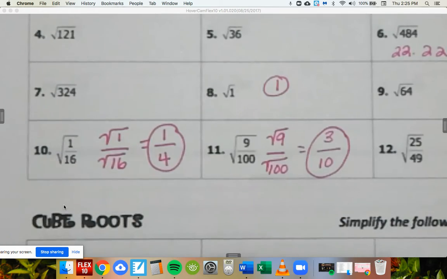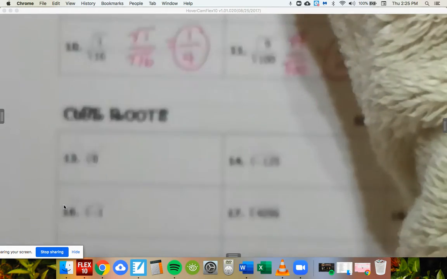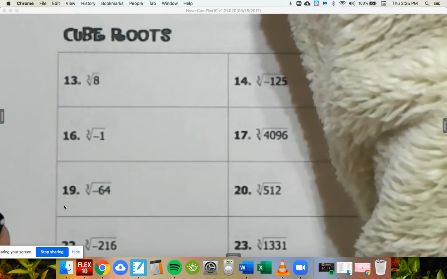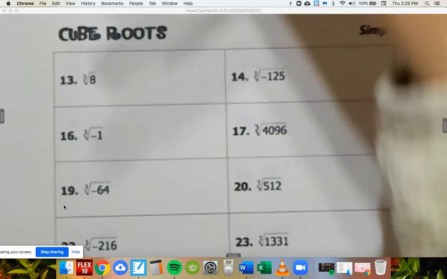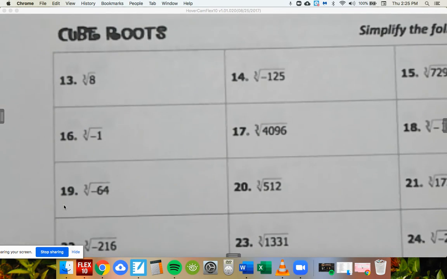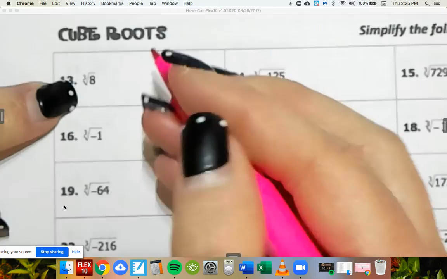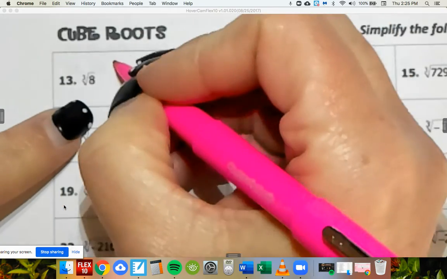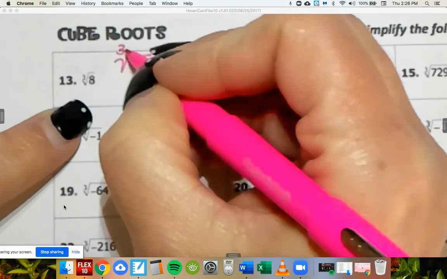All right, let's talk about cube roots. Same thing as square roots, except now instead of what number times itself, we're talking what number times itself again, right? We want the number 3 times. So I know it's really difficult to see, but this says, let me move that out of the way, sorry. This says, what is the cube root of 8?